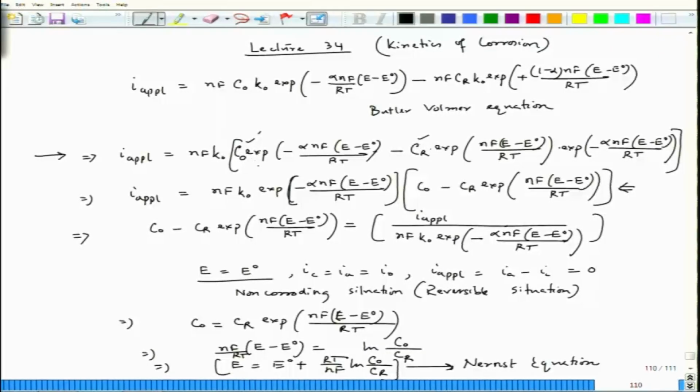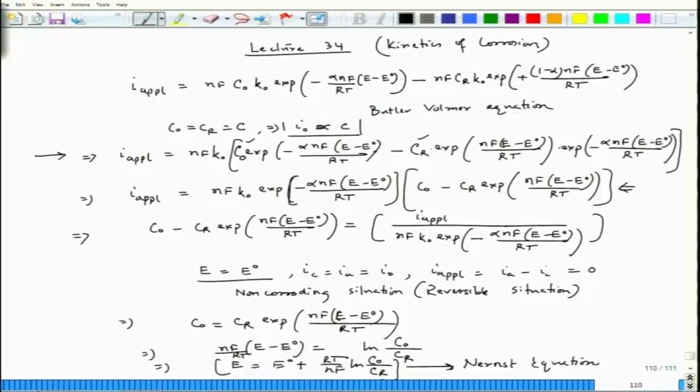So, if we consider C_R equal to C, then I could see that I0 could have a proportionality with the concentration C.